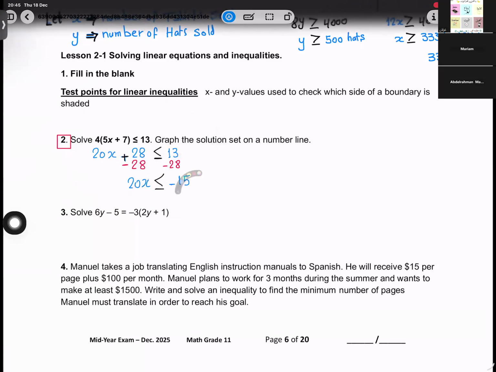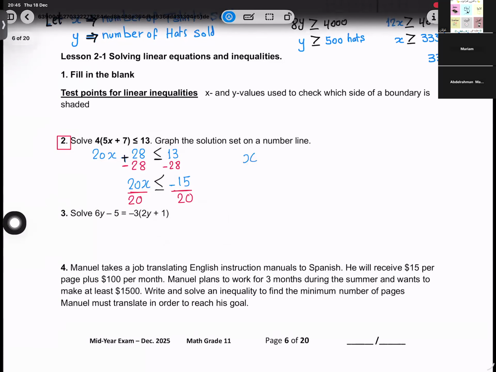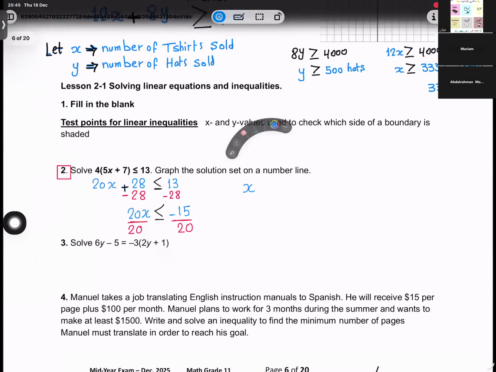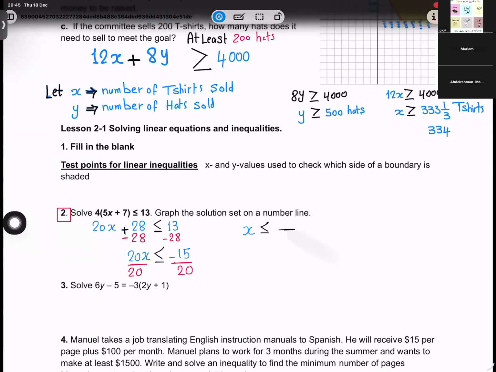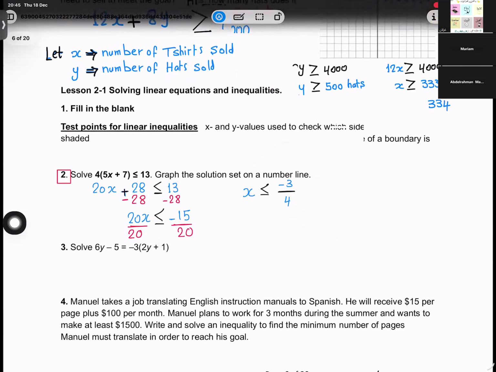And then you divide by 20. So x is less than or equal to, which is negative 0.75. Excellent.